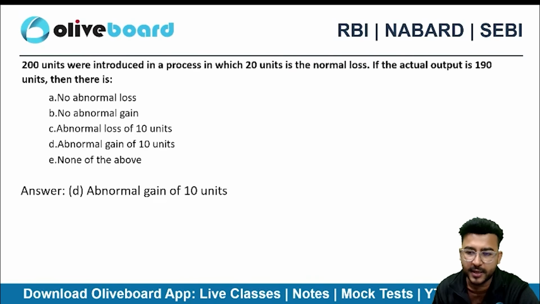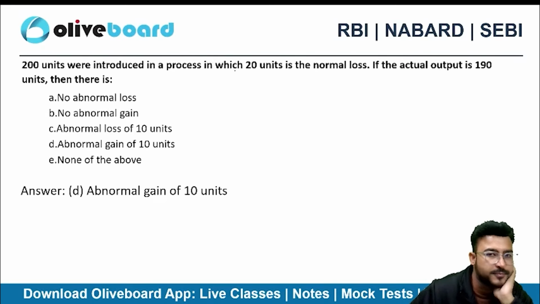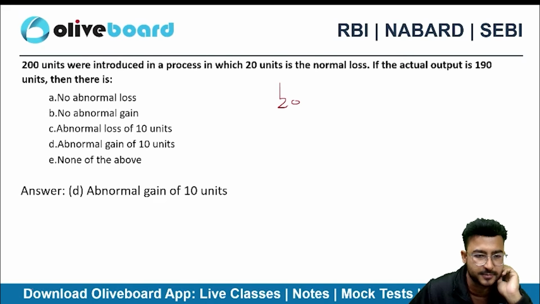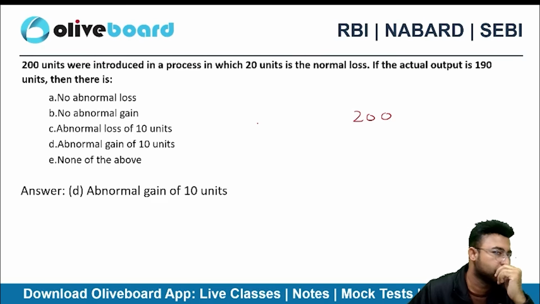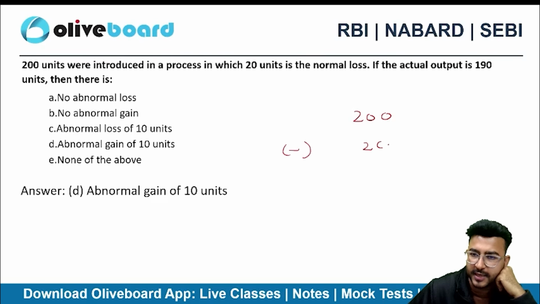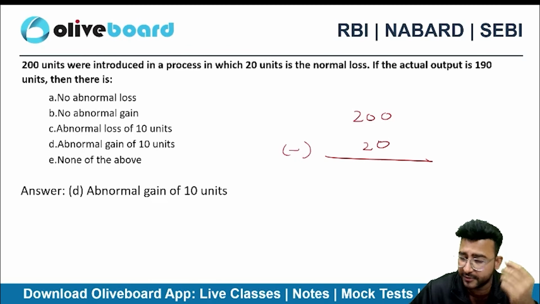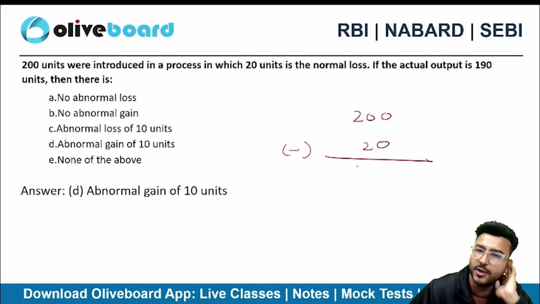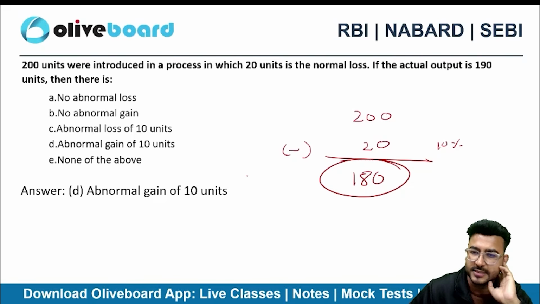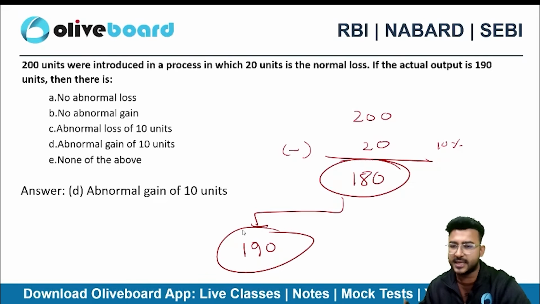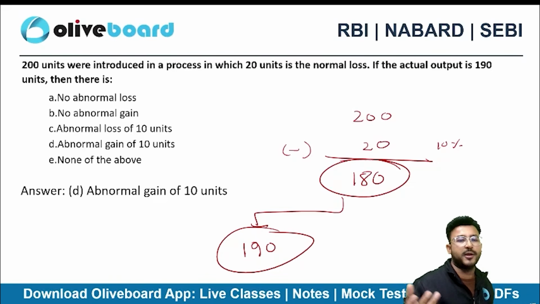What is abnormal gain? Look, I thought I had introduced 200 units in the process, but there is usually a normal loss in every industry, in every company. 20 will be the normal loss, 10% for example. So I expected 180 good units, but actually I got 190 units. Surprisingly, I got 190 units.